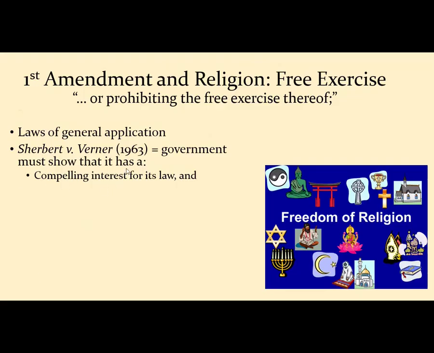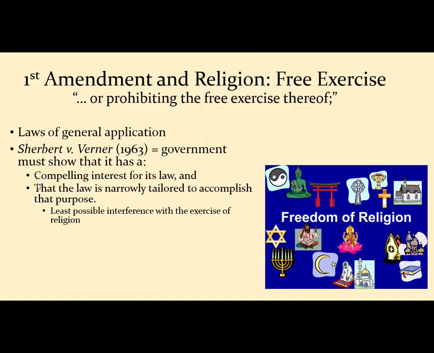And in that decision, the Supreme Court said if a state passes a law that may apply generally, such as unemployment compensation laws, and that law of general application incidentally interferes with an individual's right to free exercise of their religion, then the state has an obligation to show a compelling interest for its law, and that this law is narrowly tailored to accomplish that compelling interest.